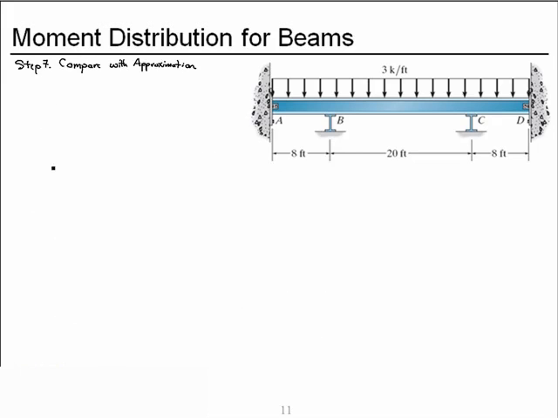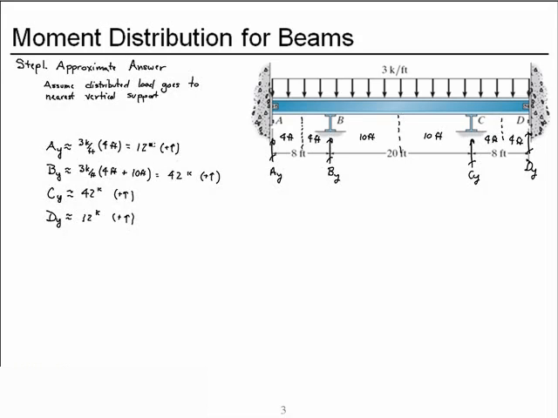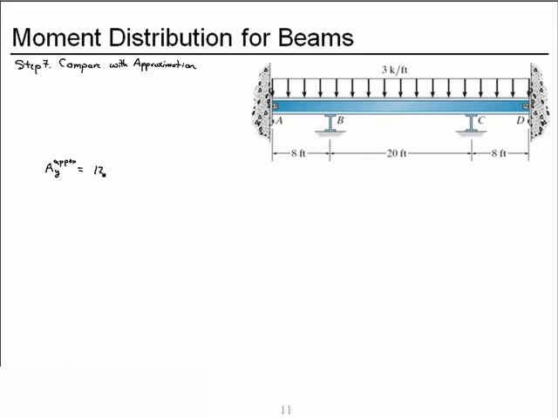So if we go back and look, our approximate Ay was 12 kips, By and Cy 42 kips, and Dy 12 kips, all acting up.